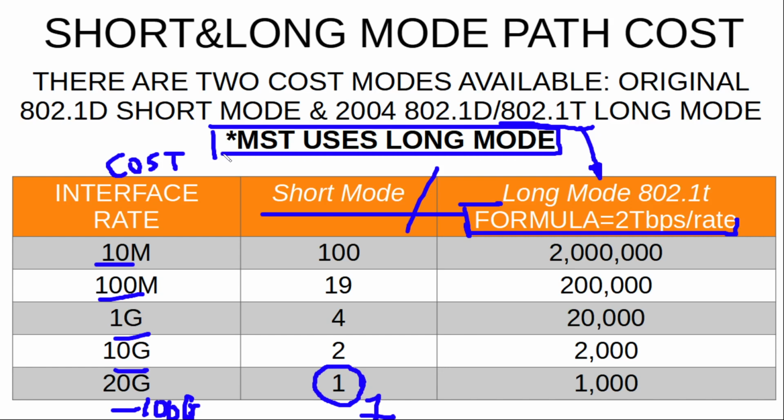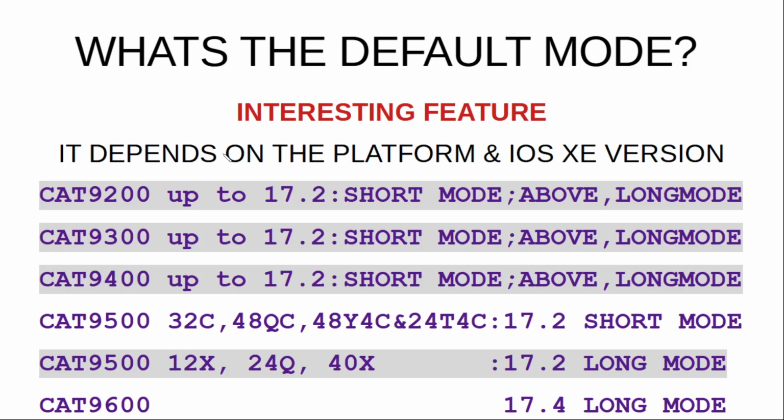Now the question is, if I am using rapid spanning tree, what mode will my switch be using by default? That will depend on how old your switch or your operating system is.